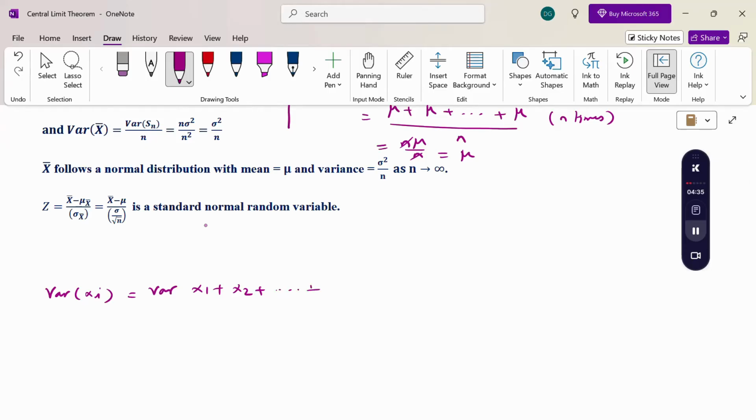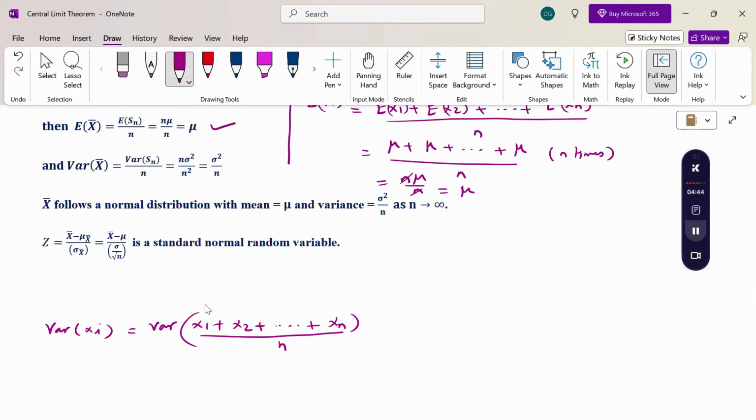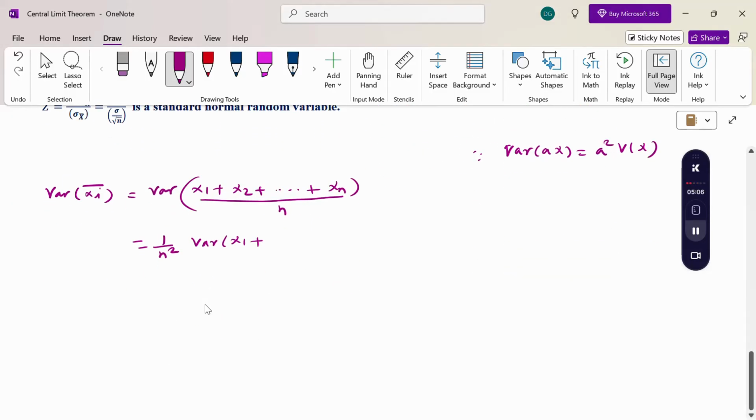Now variance of aX is a square times variance of X. Therefore it is 1 by n square times variance of X1 plus X2 plus up to Xn.